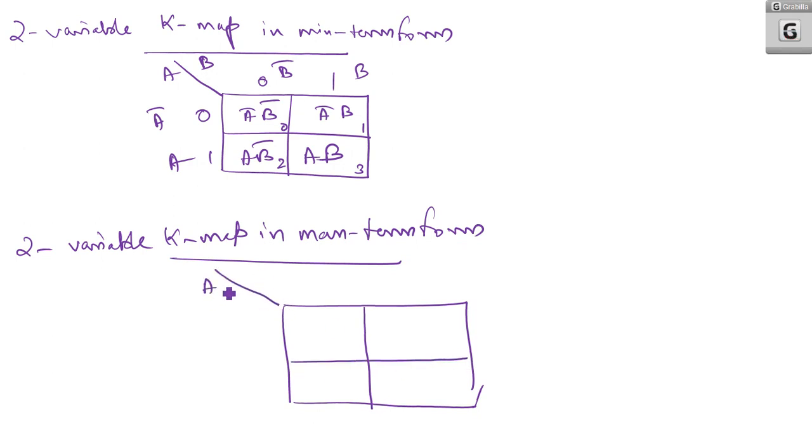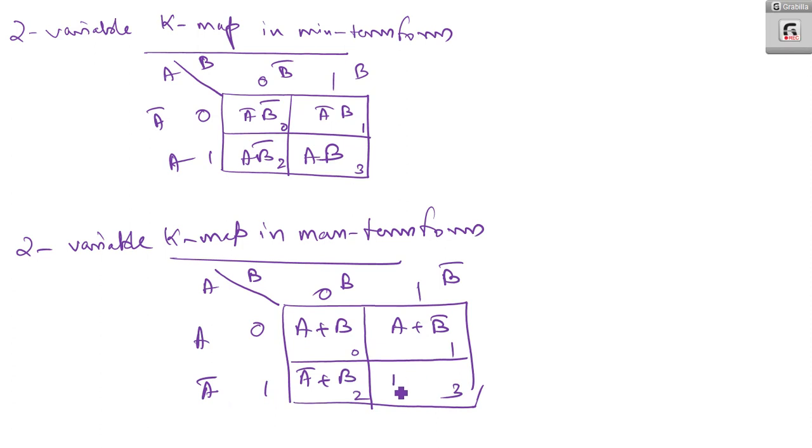A, B, 0, 0, 1, 1, this is 0, 1, 2 and 3. We are having A bar, B, B bar. This we can write as A or B. This is A or B bar, A bar or B. The last one is A bar or B bar. Okay, that is the corresponding maxterm representation.